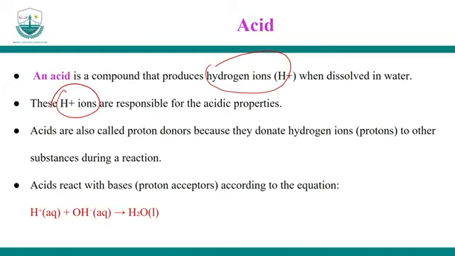We can also define acids in terms of protons. We say that acids are proton donors, because these hydrogen ions are what we call protons. They are the ones being donated to another substance in a reaction.